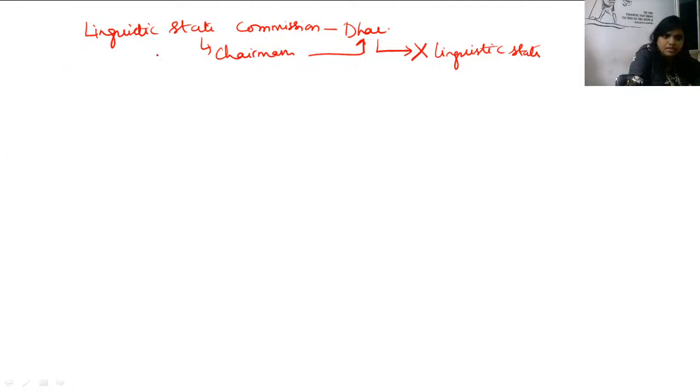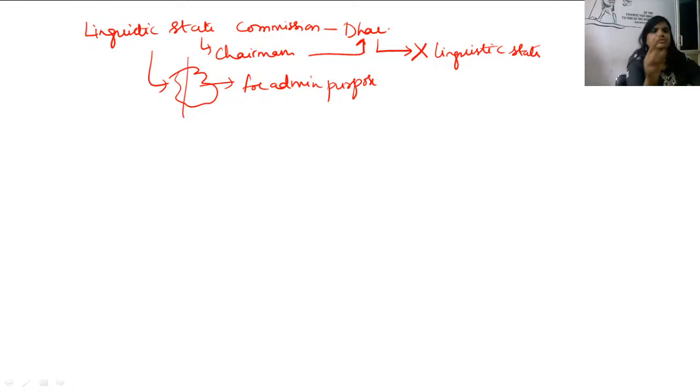However, this commission recommended the division of states for administrative purposes, but not based on language. Please remember, the Linguistic State Commission, which was appointed in the year 1948, favored division of states not based on language, but for administrative purposes.